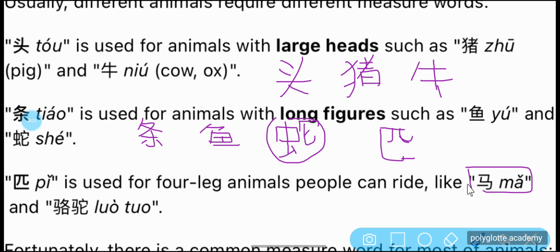Camel is luotuo. So ma, which is a horse, and luotuo, which is a camel. This is how you write luotuo.